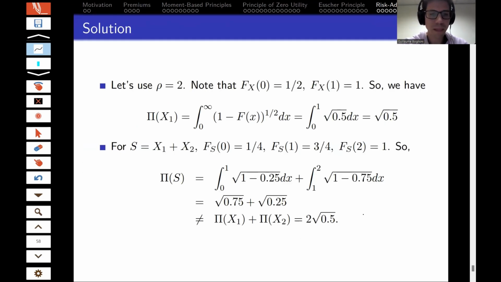Now we find the premium of their sum. Their sum is a binomial with number of trials 2 and probability of success 1/2. So again, easy to find the CDF.